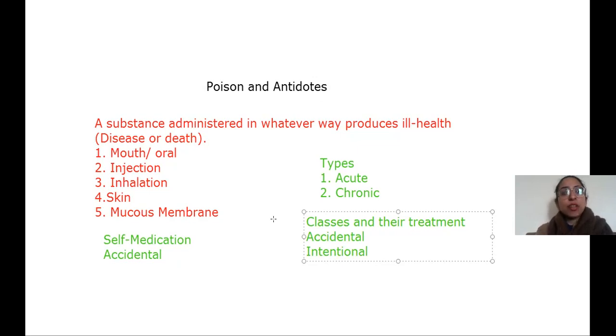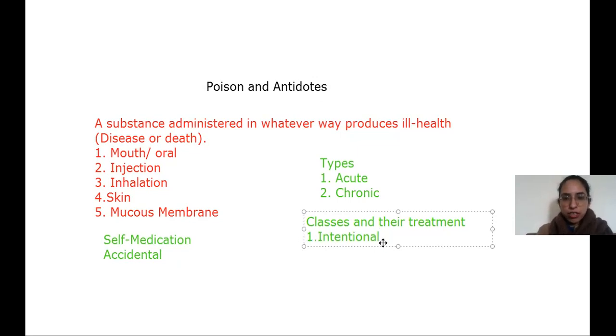Okay, next, we can classify poisoning into three classes. One is intentional, as we discussed in class. This is the one type. I can write the type.